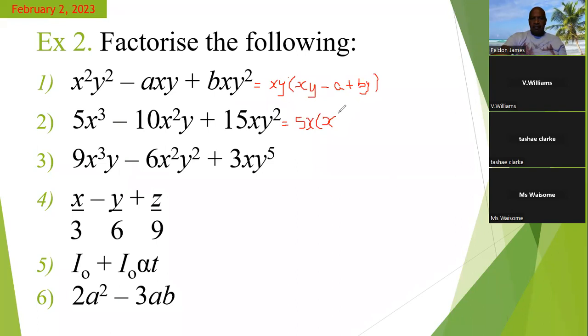Then I put back the sign, and I would say 5x into 10x squared y would give me 2xy. All right, so dividing negative 10x squared y by 5x will give you 2xy. Yes, sir.